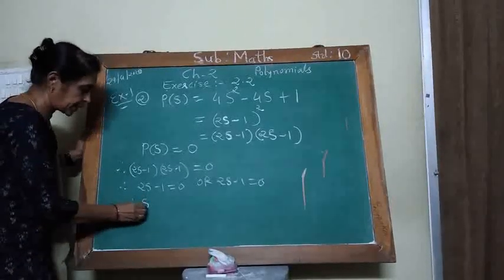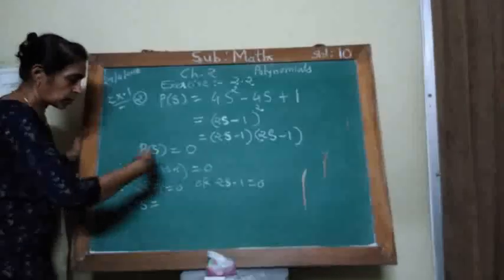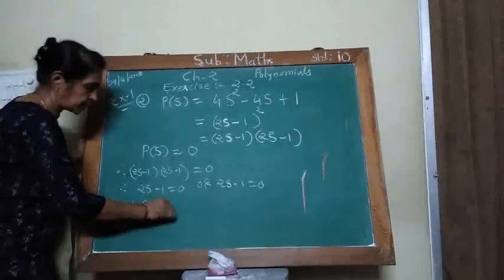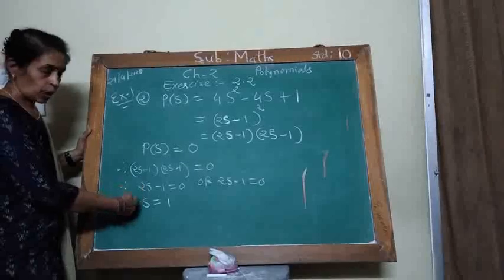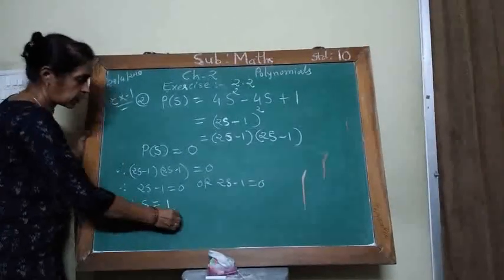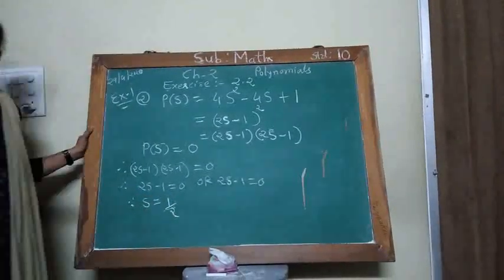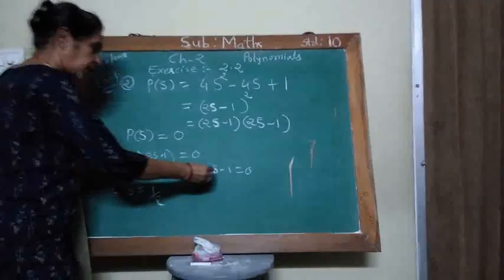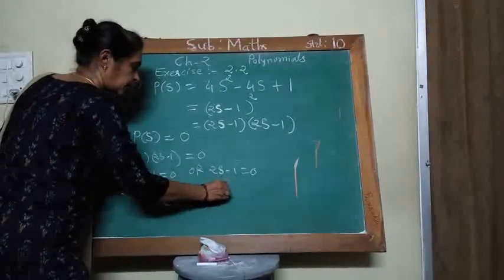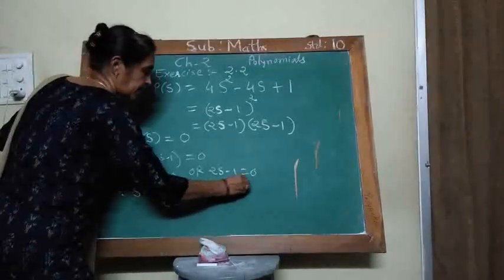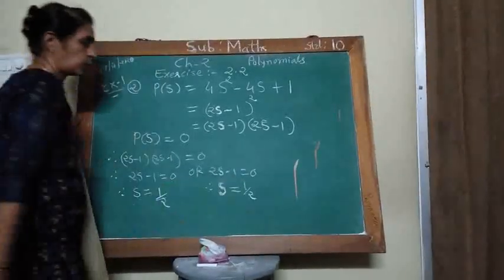So find s is equal to, take minus 1 on this side, so it becomes plus 1. Understand or not? 2 goes in the denominator, so we get s is equal to 1 upon 2. Here also same factorization, so same bracket, we obtain s is equal to 1 upon 2.